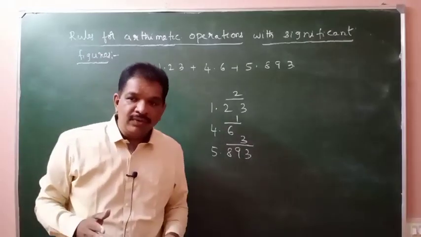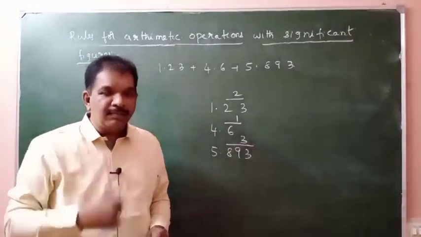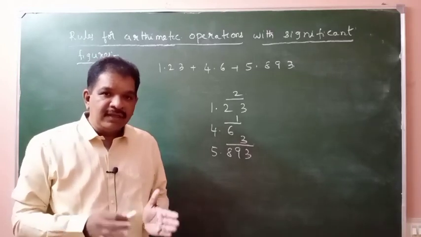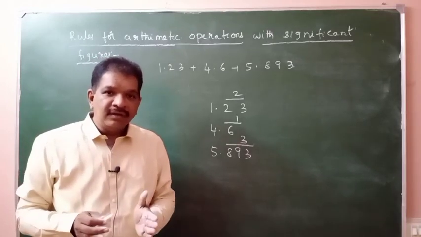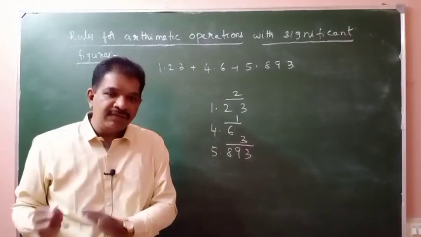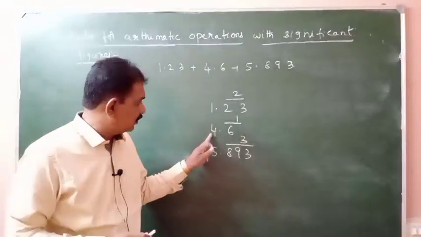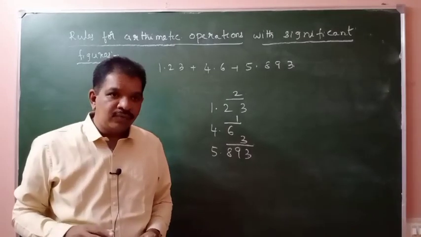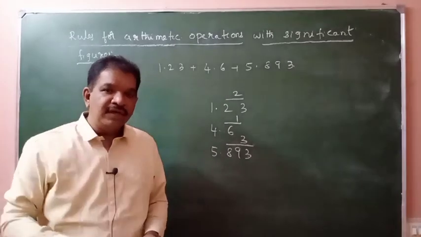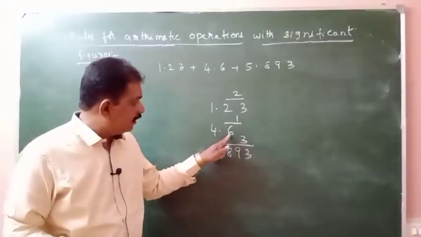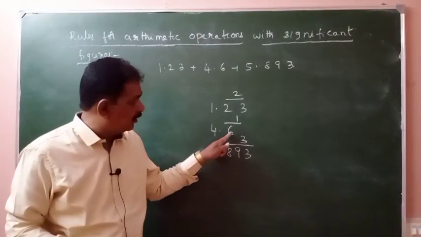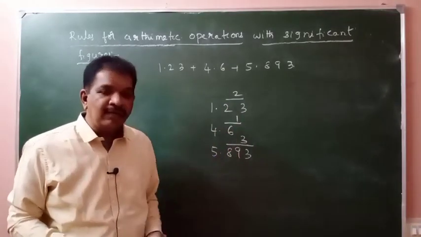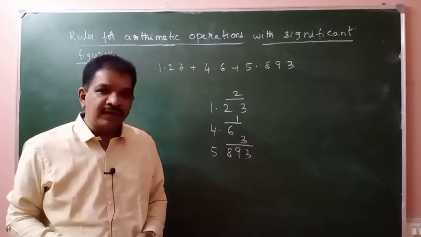What we have to do is, for the remaining numbers, identify the number having the least number of significant figures. This one. Remaining numbers will be rounded off to 1 more significant figure. Here 1 significant figure is there, so the remaining two should have 2 significant figures.